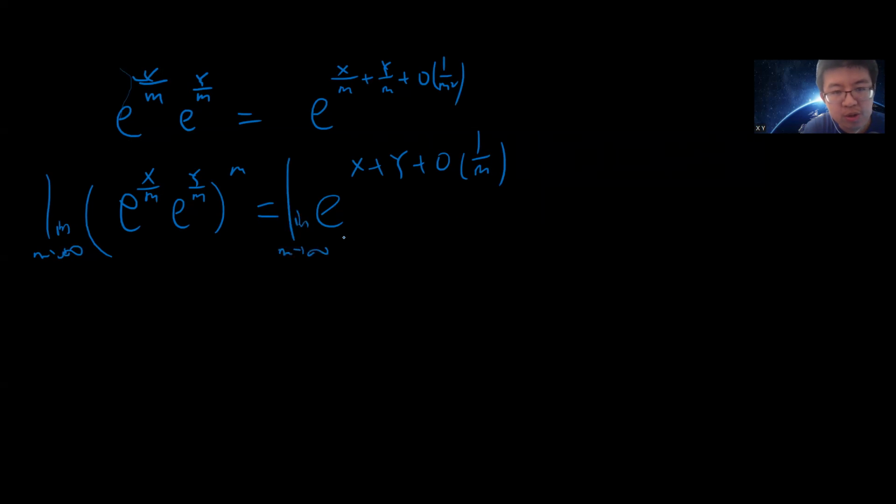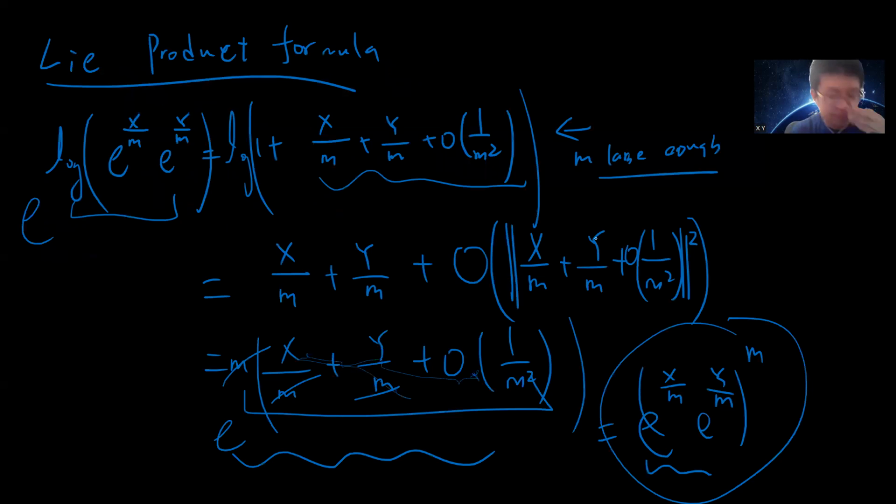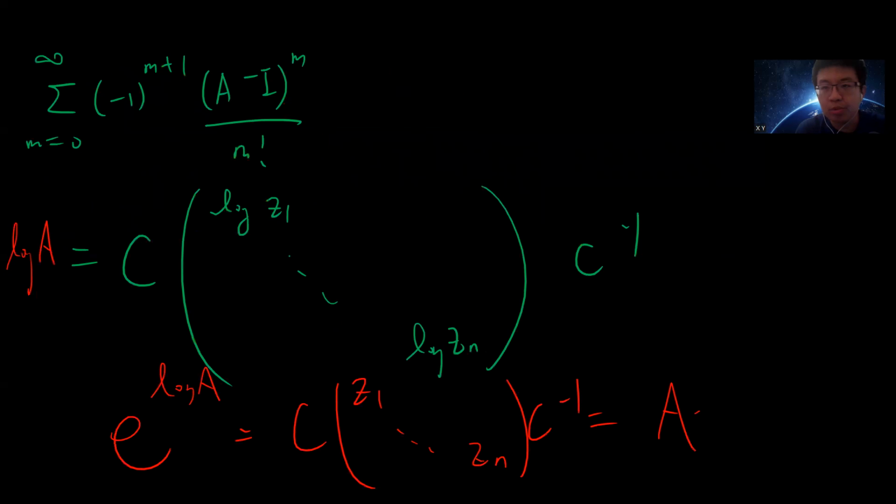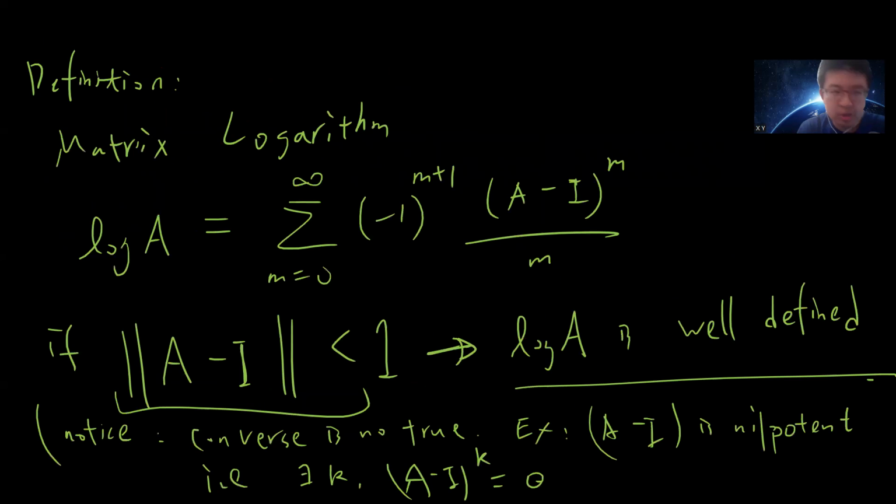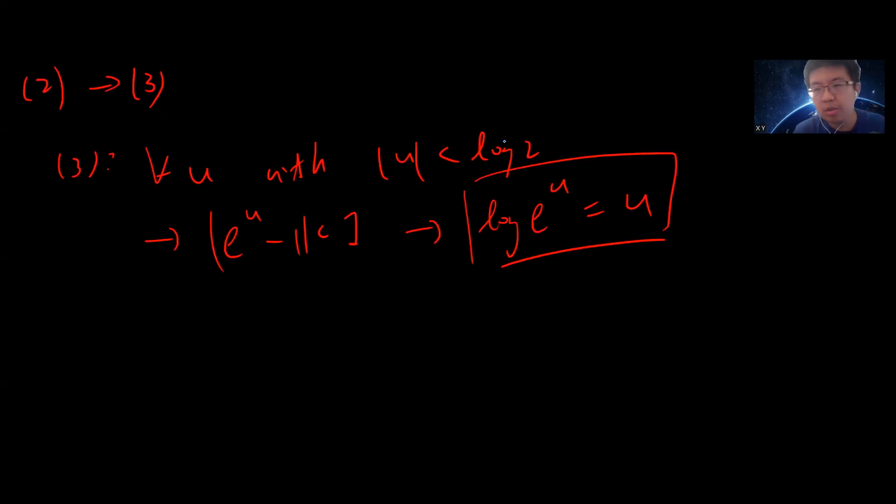This looks the same as the previous one, but we use the matrix logarithm to make the proof rigorous. So this is the Lie product formula. And next time I want to introduce an idea called one parameter subgroup. Once we have this, we can start to go to the Lie algebra.